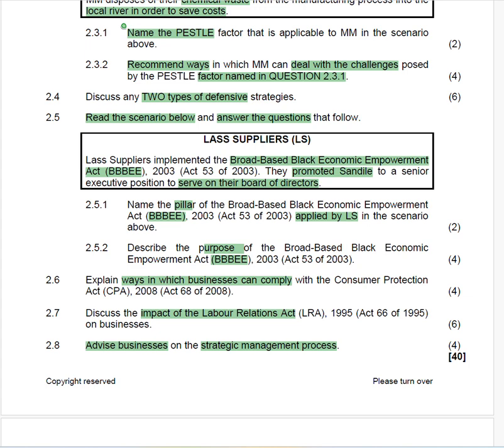Then promoting competition: there should be no misleading practice. That is, promotion must be fair and transparent, and the terms and conditions must be very clear and not vague. So those are the ways that they can ensure that they comply with the CPA, or Consumer Protection Act. Obviously there are a number of things they can do.